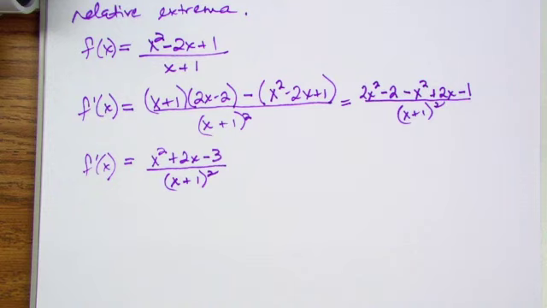It would be undefined where the bottom is 0, right? So the derivative does not exist when what? Negative 1. Okay, so x equals negative 1, right?